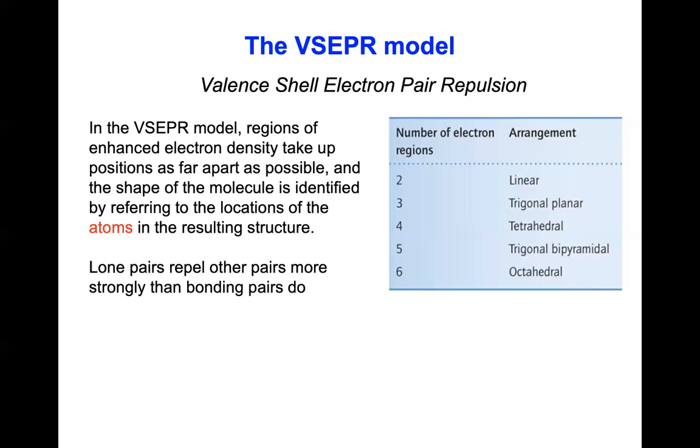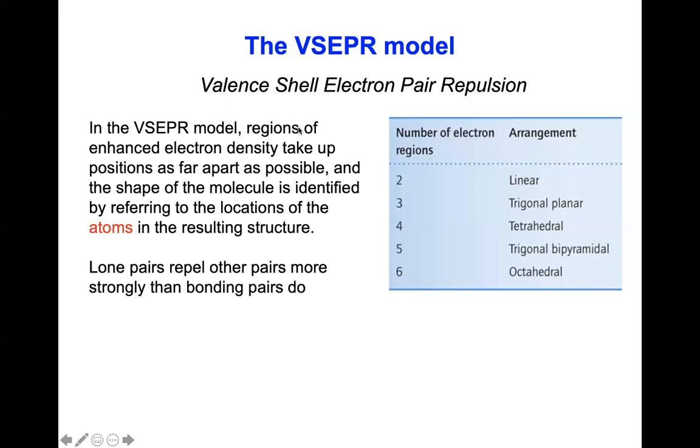Up to this point, I showed you how to use Lewis structures to draw the electron distribution for a molecule or for ions, right? Here, I'm going to show you how to use this VSEPR principle to draw the geometry of a given compound or ion.